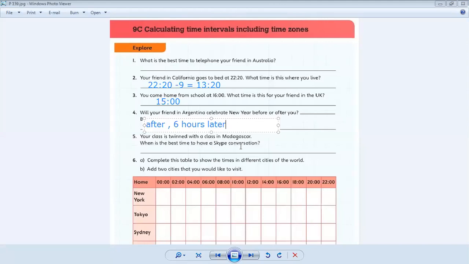Did you understand? Yes. And another question: your class is twinned with the class in Madagascar. Madagascar is east of South Africa, the last point, a big island. I know it. Its time zone is +3. How many hours different between us?